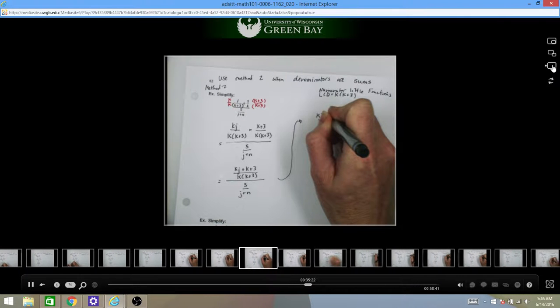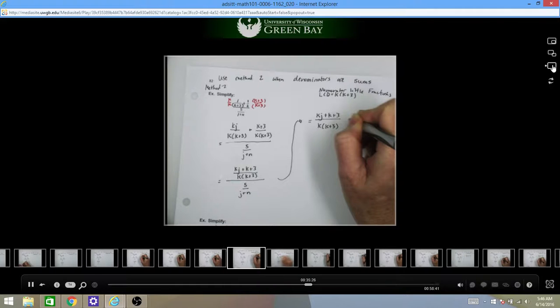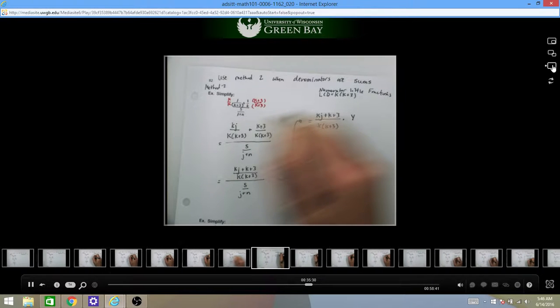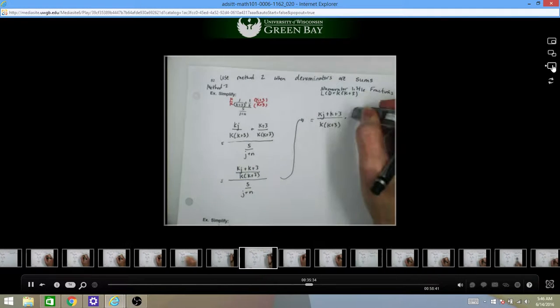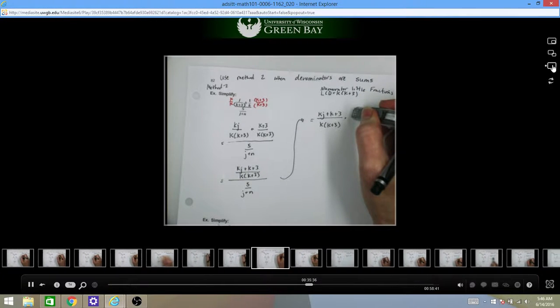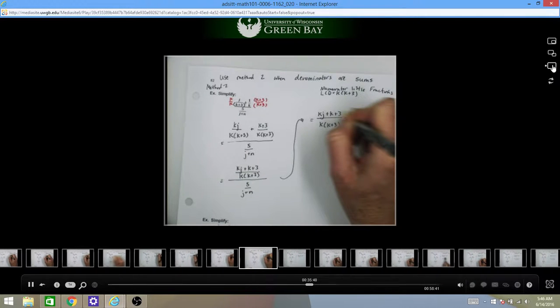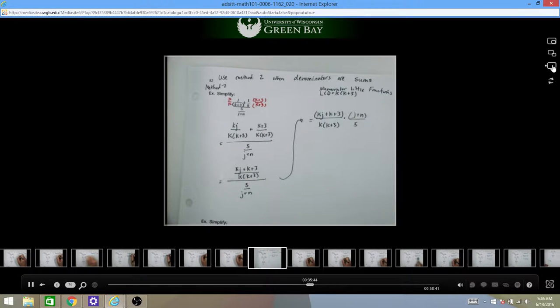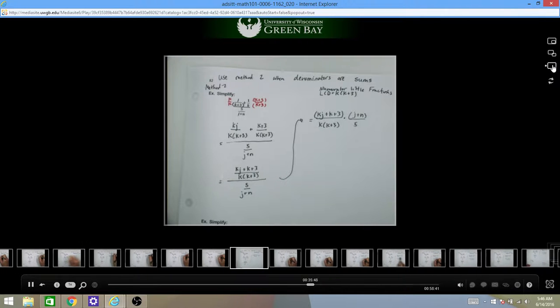And then we flip the bottom fraction over, so (j plus n) over 5. So when you're multiplying fractions, you put sums in parentheses, and hopefully that helps you remember, don't cancel part of a sum.